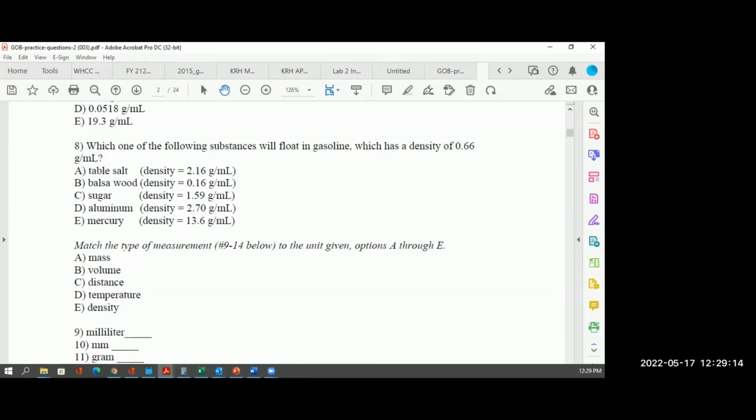B. Okay, because we know it has a lower density than our gasoline. Also, all of the other ones are greater than it. So by default, that's going to be the answer, right? So again, standardized tests kind of help us figure out the answers.